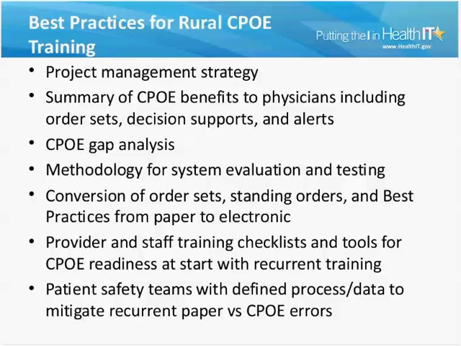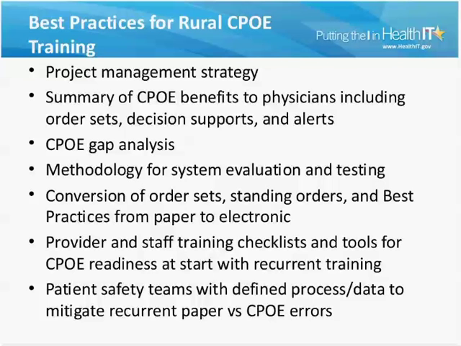We need to develop our summary of CPOE benefits to physicians, including order sets, decision supports, and alerts. We really have to sell the product. We need to have our elevator speech, as it were, so that we can summarize these benefits in a very clear and concise manner.